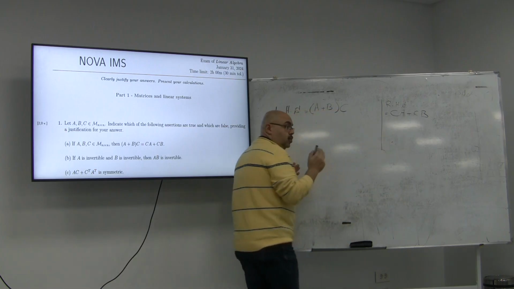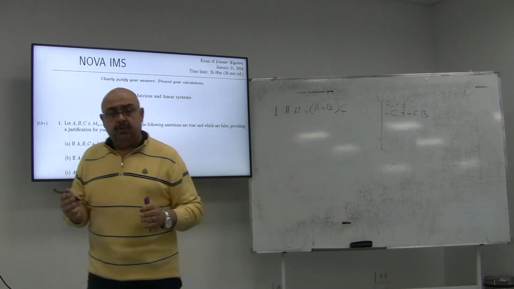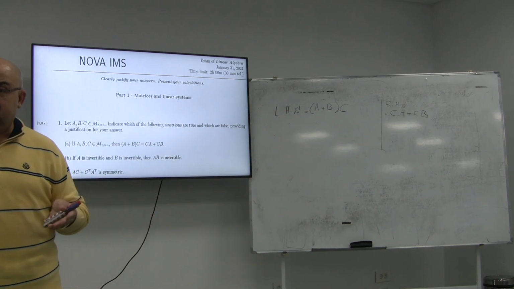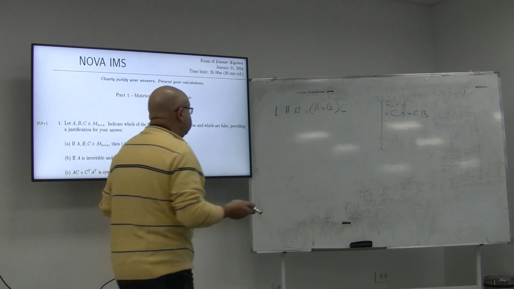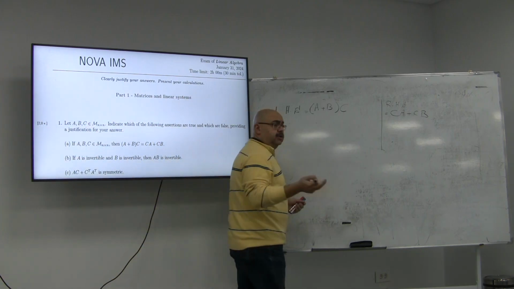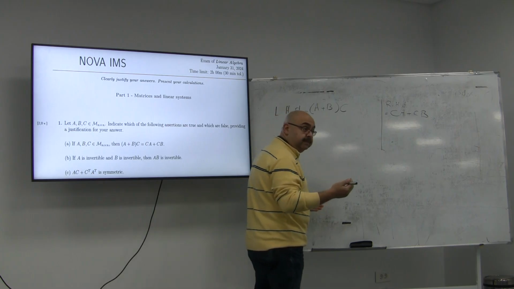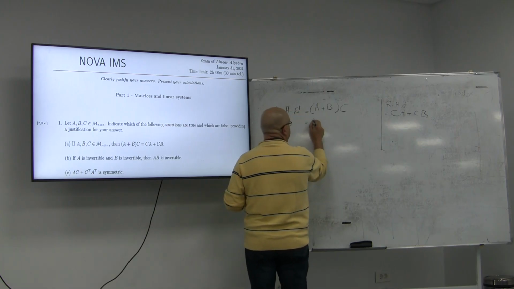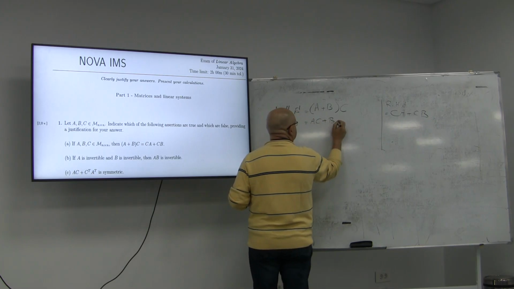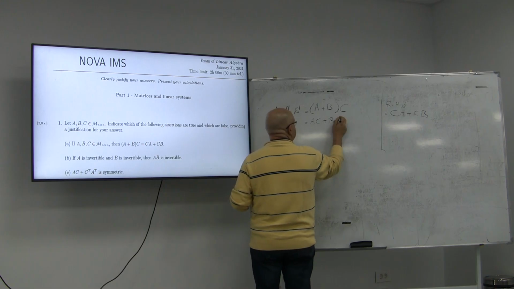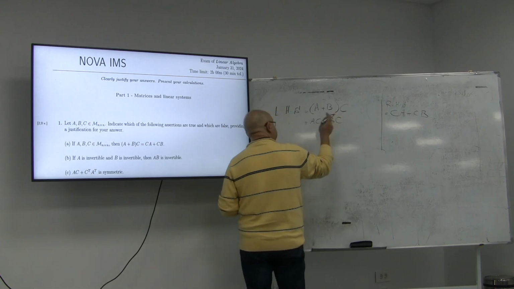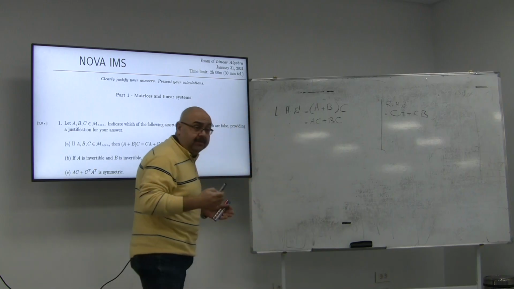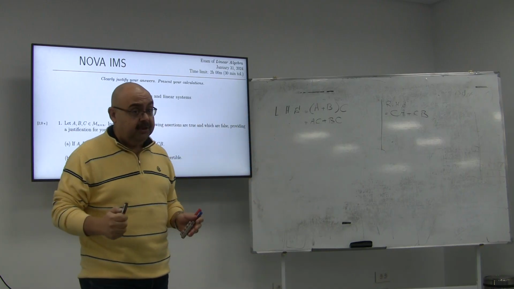If I could start from the left hand side and reach the right hand side exactly, it is going to be correct. So simply, I'm going to do a multiplication but from the right. So it's going to equal A times C plus B times C. Be careful about the multiplication. As you know, multiplication in matrices is not commutative.